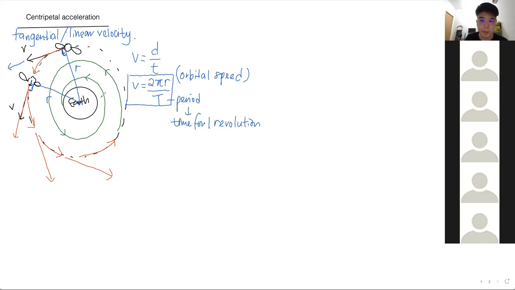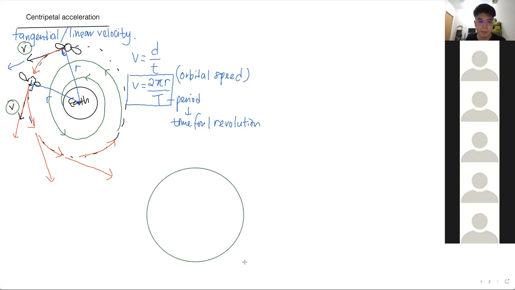Now, before we go to the velocity stuff, I want to point out a few things. You see, the linear velocity is changing in terms of direction, not the value. The value is the same. It is moving at the same speed, but the direction is changing. If you remember, I talked about this in the last lesson.